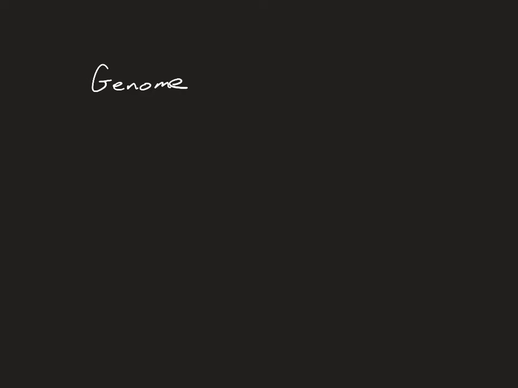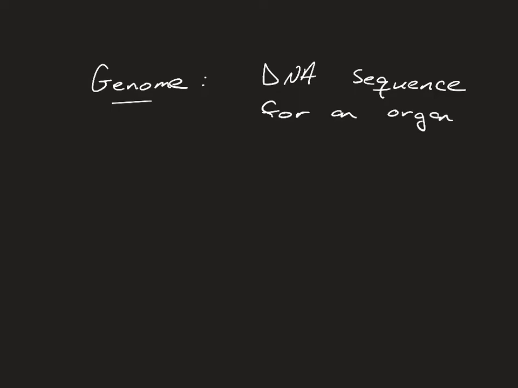Okay, now that you can see what's on the board, genome is the word, and I said you need to know that it is the entire DNA sequence for an organism. That is the genome for that organism.